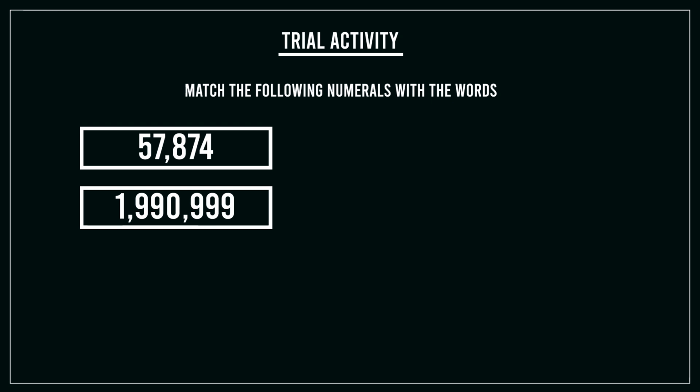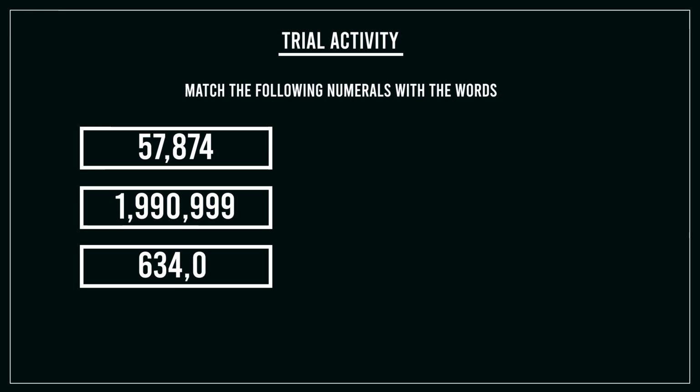I repeat, 1, 9, 9, 0, 9, 9, 9. Still on the same column A, we have the third number as 6, 3, 4, 0, 0, 1.